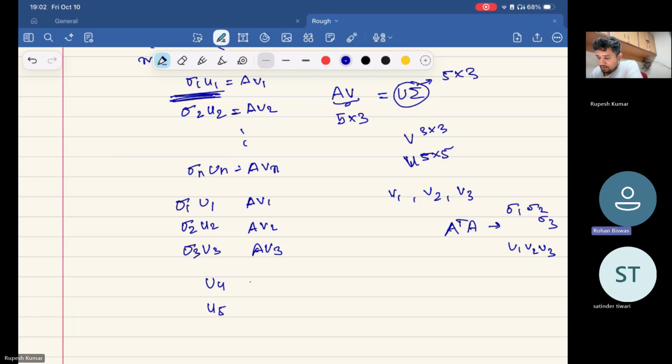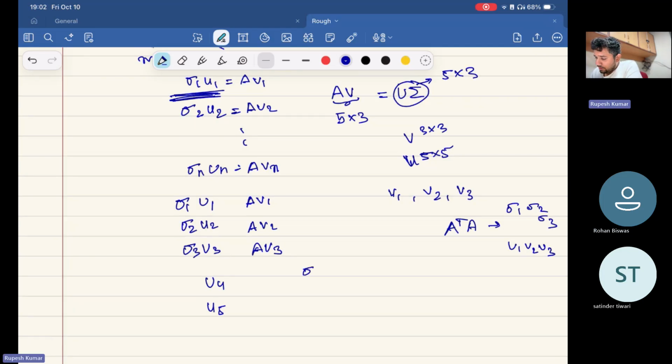There exists no sigma 4 and no sigma 5, because it's a diagonal matrix. It is a 5 by 3 diagonal matrix, so three columns and 5 rows. Everything else will be 0.